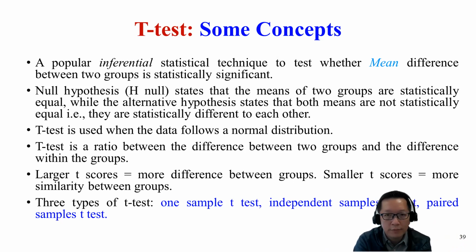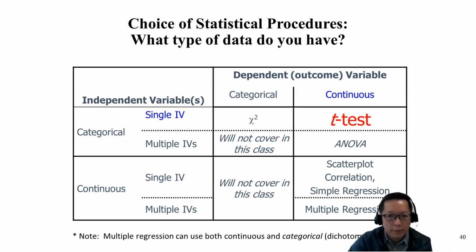There are at least 3 types of t-tests: one sample, independent sample t-test, and paired sample t-test. So remember, when you look at a t-test, your outcome variable has to be continuous. If the outcome is categorical, then you might not want to use a t-test.